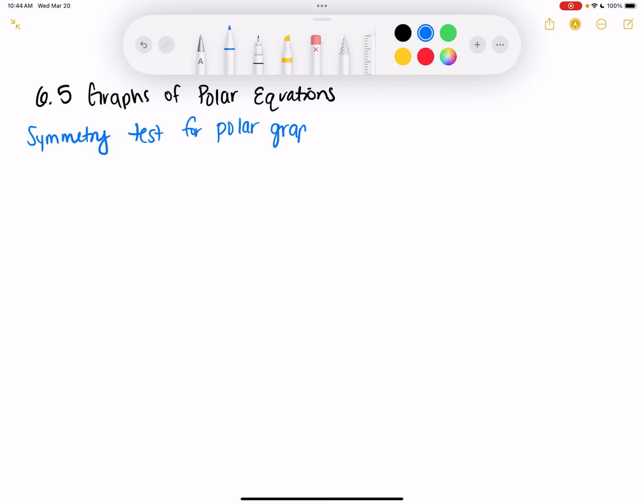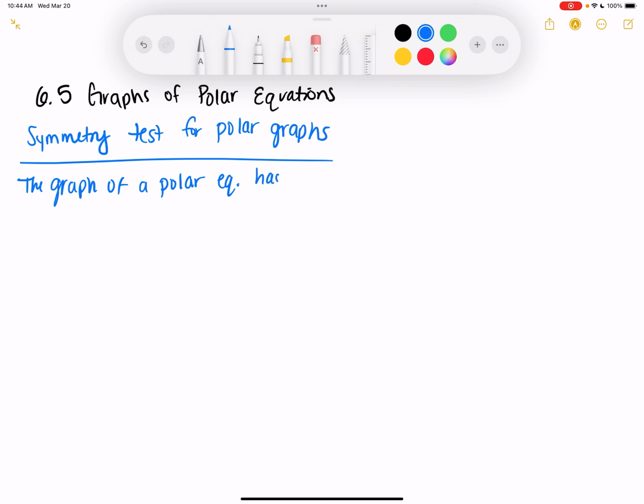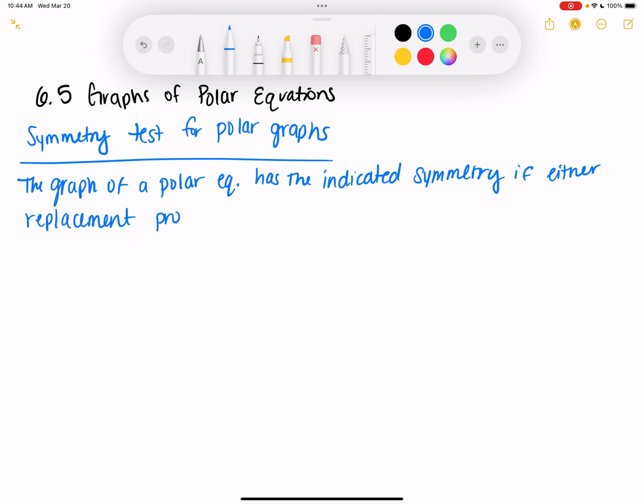All right, the symmetry test for polar graphs. The graph of a polar equation has the indicated symmetry if either replacement produces an equivalent polar equation.